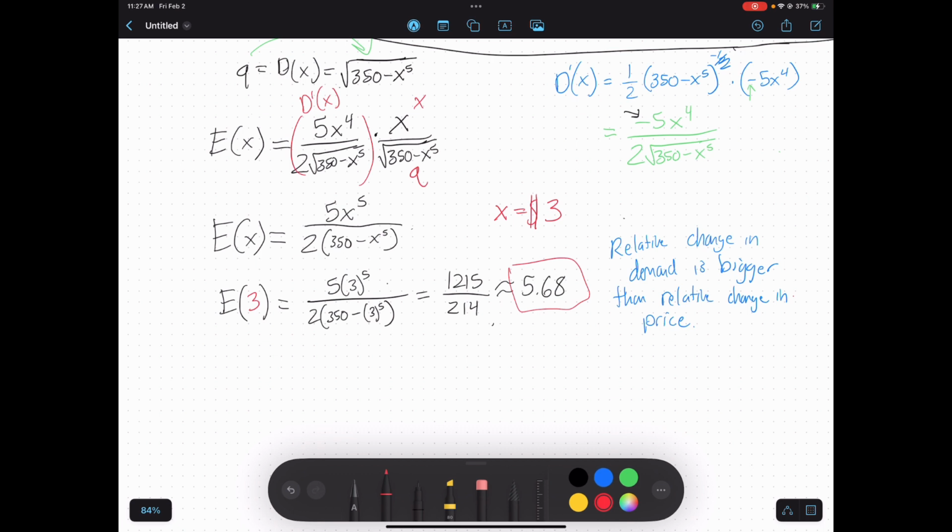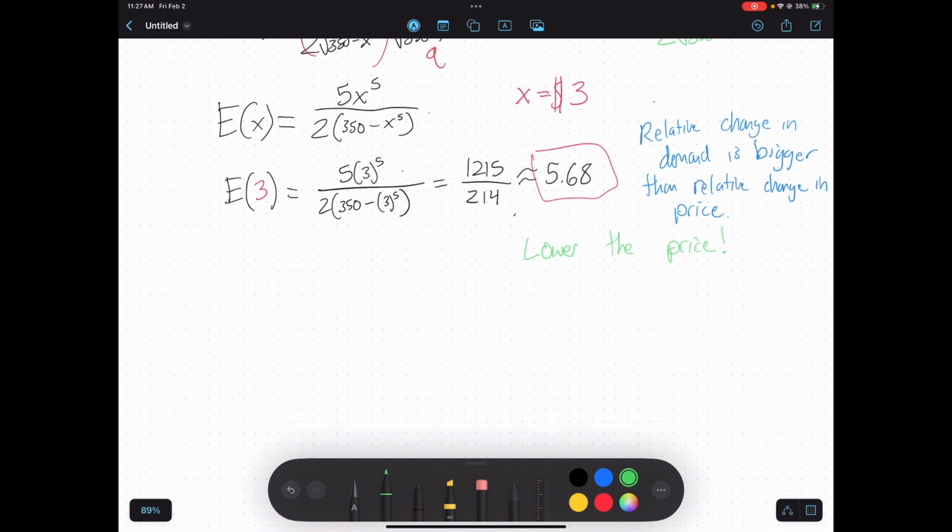So what does this tell me to do? This tells me to lower the price. Because by only lowering it just a little bit, I can significantly increase my demand. I can change the demand by a lot by changing the price by a little bit. That's what that number tells me.